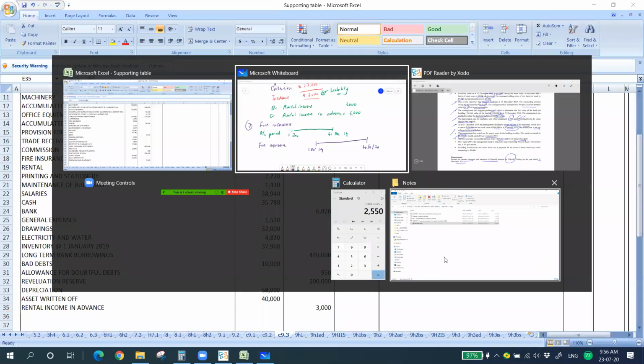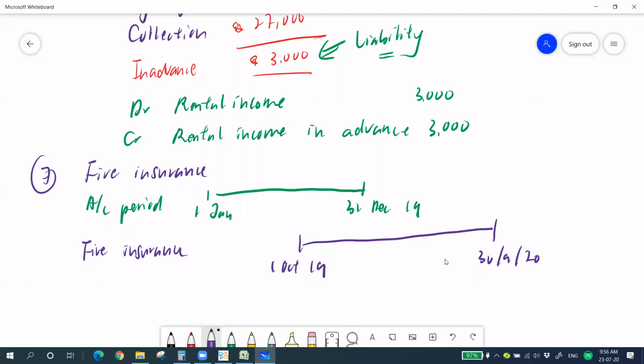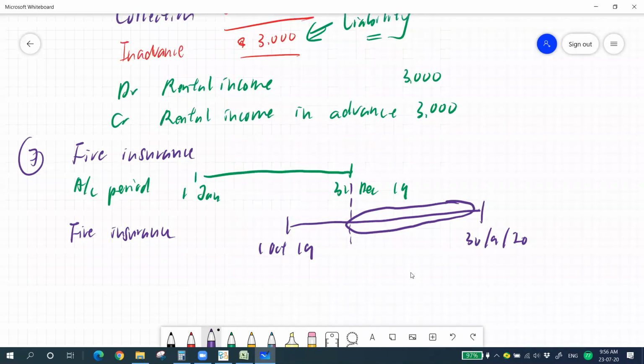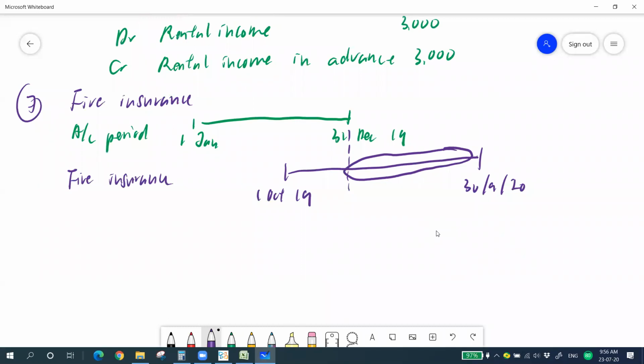All right. So basically, this question is testing your prepayment. Can you tell me how many months we prepay for our fire insurance? How many months do we prepay for our fire insurance? Class, how many months do we prepay for our fire insurance?